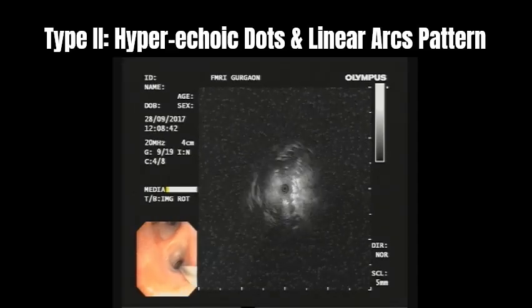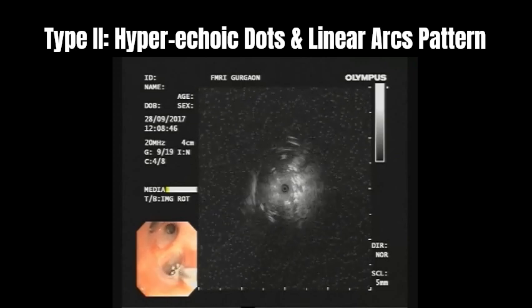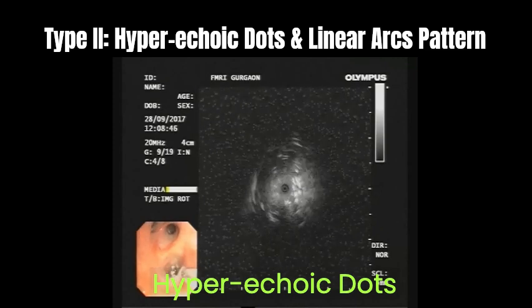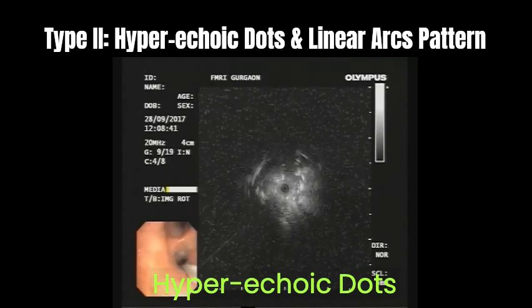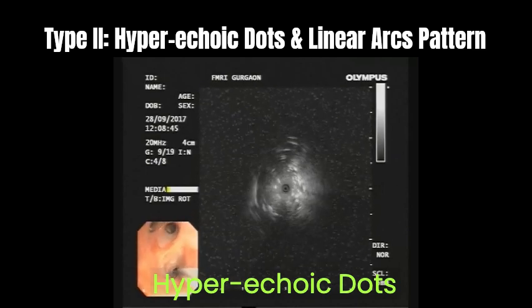Type 2 morphology of ultrasound image is identified as hyperechoic dots and linear arc pattern. Hyperechoic dots are visible as sharp white echo spots, usually 1 mm in diameter, and produced by trapped air in small bronchi in a consolidated area.